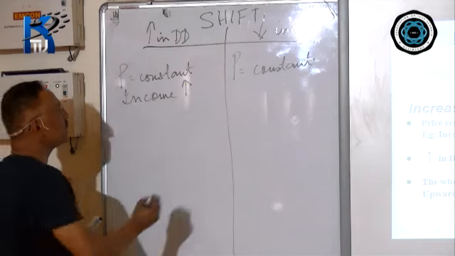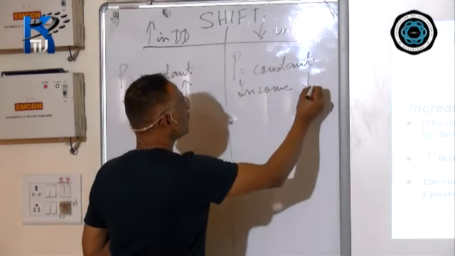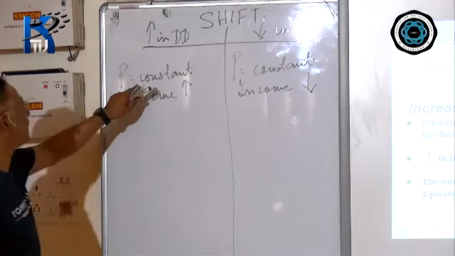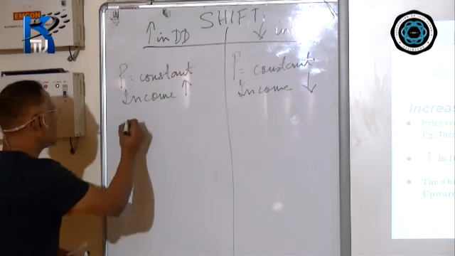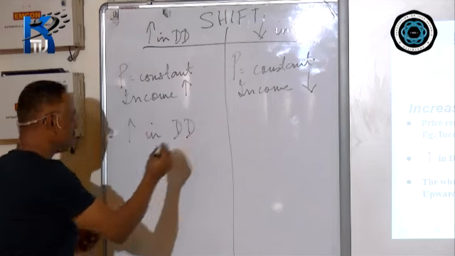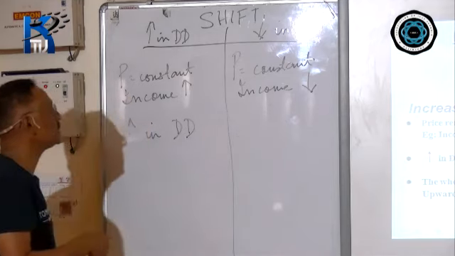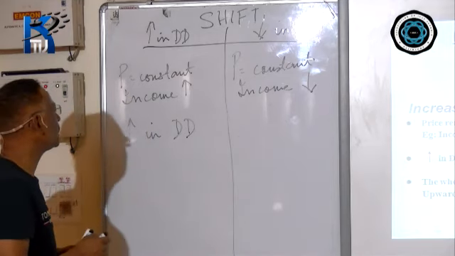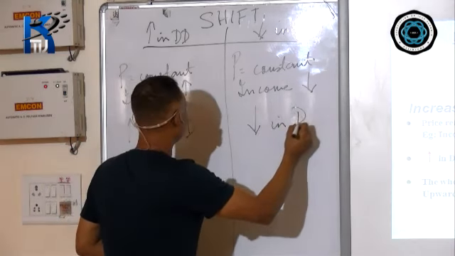Here, let us say income decreases. Price is same. If your income increases, what happens to your demand? There is increase in demand. Whereas here, when your income decreases and price remains constant, there is decrease in demand.